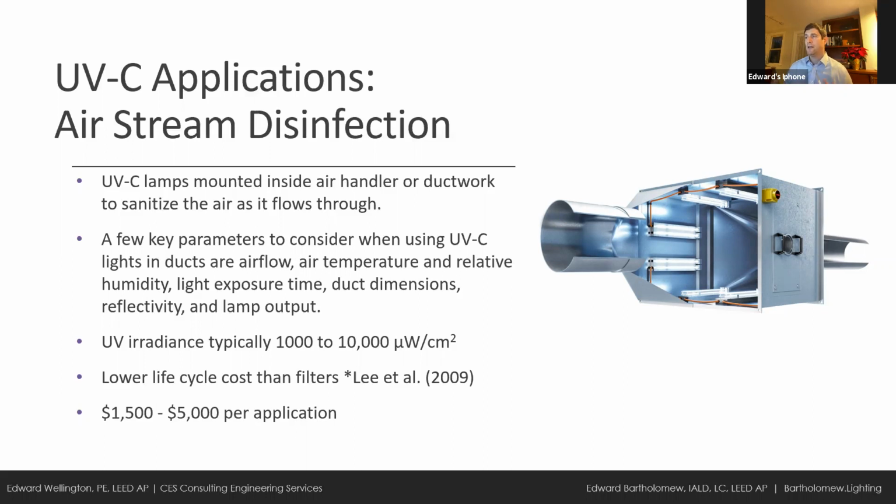With that higher velocity, you're going to need the longer length. In an air handling unit, the velocity is typically around 500 feet per minute. So an 8-foot section gives you a 1 second exposure time. And so it's really a nice application to locate UVC lamps within air handling units.